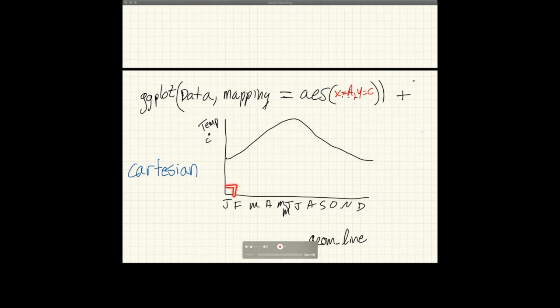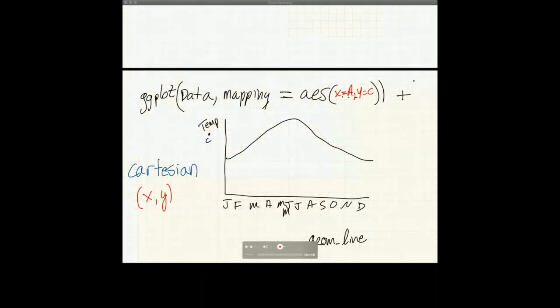This is a right angle. And I can describe locations as a function of an X position and a Y position. I can describe positions uniquely as an X position and a Y position. Okay? So that's a Cartesian coordinate system.